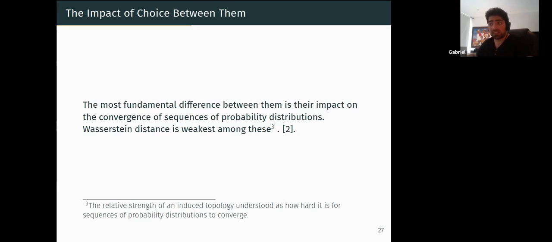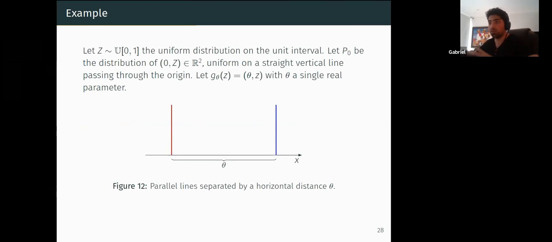I'm going to give you an example just to make it all settle in our heads, and I'm going to show you two probability distributions. Let one be the uniform distribution in the interval 0 to 1, and let's add two probability distributions, the red one and the blue one, separated by a parameter theta, which represents the horizontal distance between those two parallel lines.